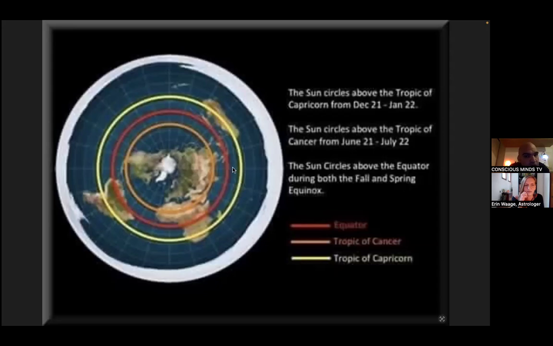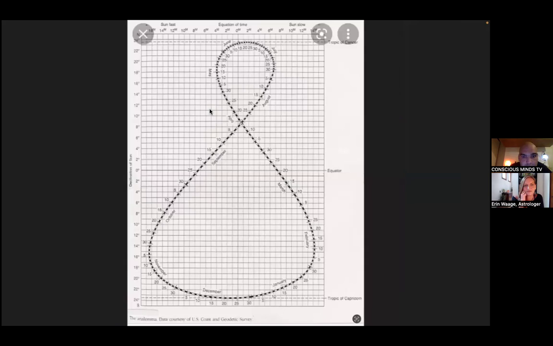Because the sun travels around and around these lines at different times of the year, one loop is smaller, which signifies this orange line, and one is bigger, which signifies this yellow line. So that's a diagram of the analemma.